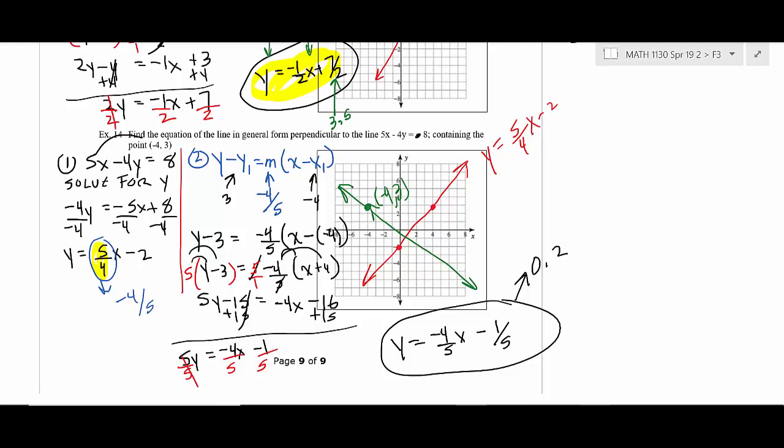I did, yeah. When you're setting up your point slope formula, where did you get the minus 3 that goes onto the y from? That came from the point that I gave you. So you're making the line go through the point negative 4, 3. But isn't the y there too? What do you mean by that? The y is 3. So what I do is I give you a point.